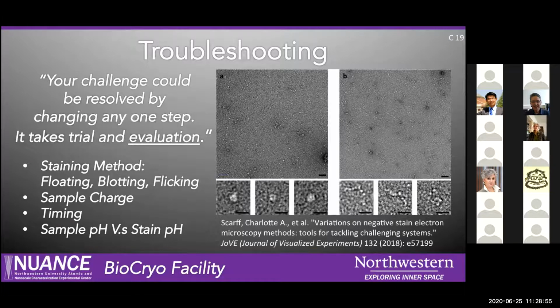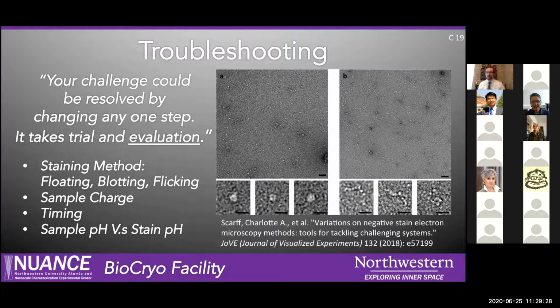This image here was comparing a method called flicking. Before I go on to the flicking, I want to say that the charge on your sample may mean you want to change your glow discharging technique. The timing, something like that, could really have a strong effect on your sample.